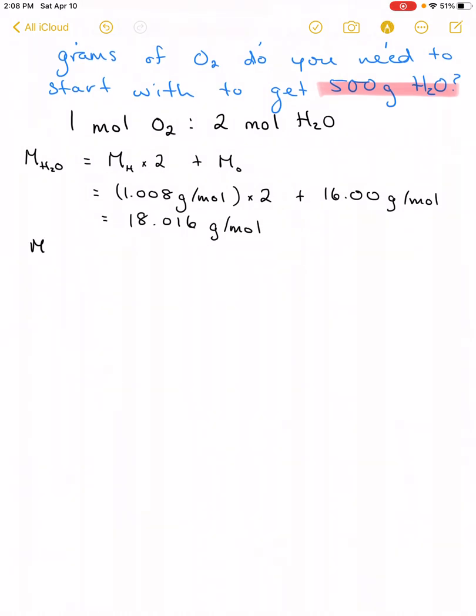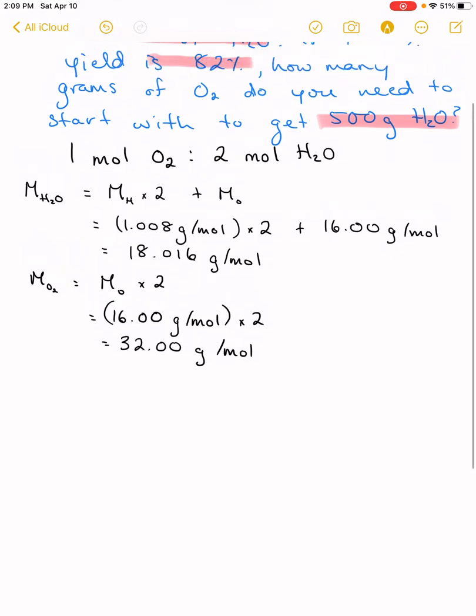And the molar mass for oxygen is the molar mass of an oxygen atom times 2, that's 16 grams per mole times 2, giving us 32 grams per mole. All right.